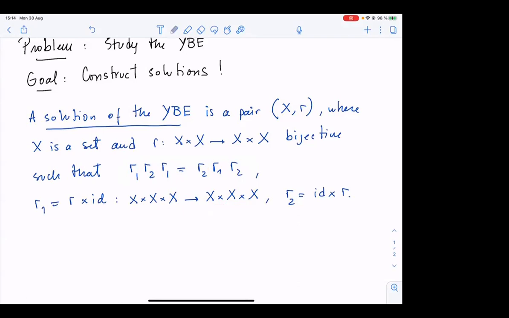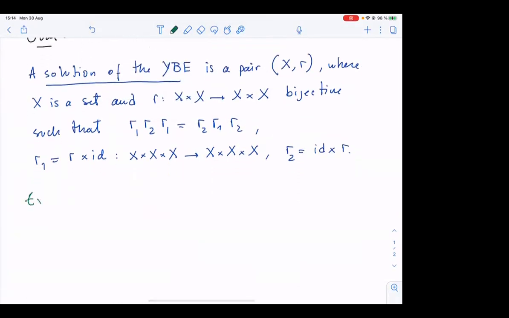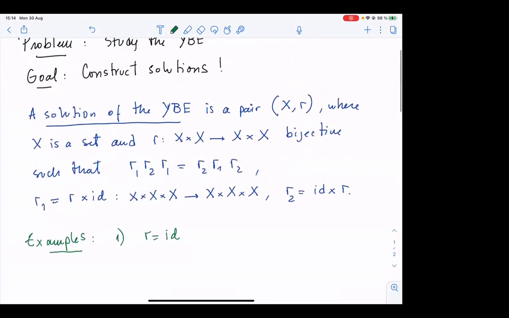Okay, so let me give you some examples first. So of course, the first example that you might think of is the identity, right? But we don't like this example because what we want to do is to study this from the combinatorial point of view. And of course, you need a definition of what exactly you are thinking of when you say combinatorial.